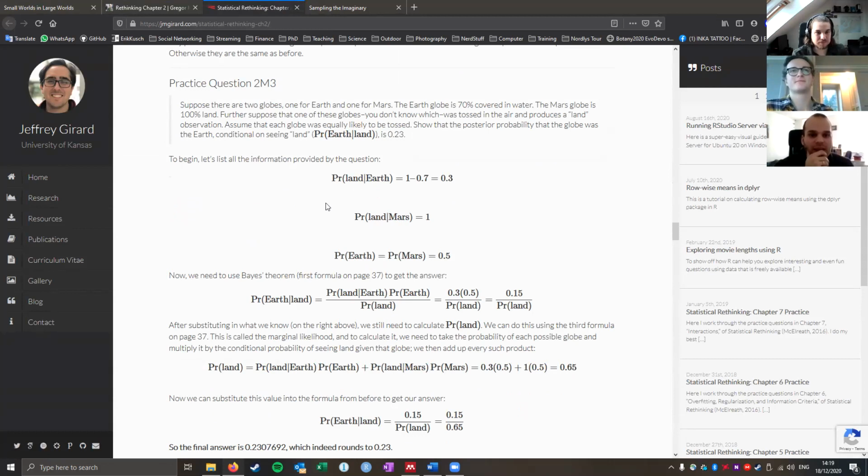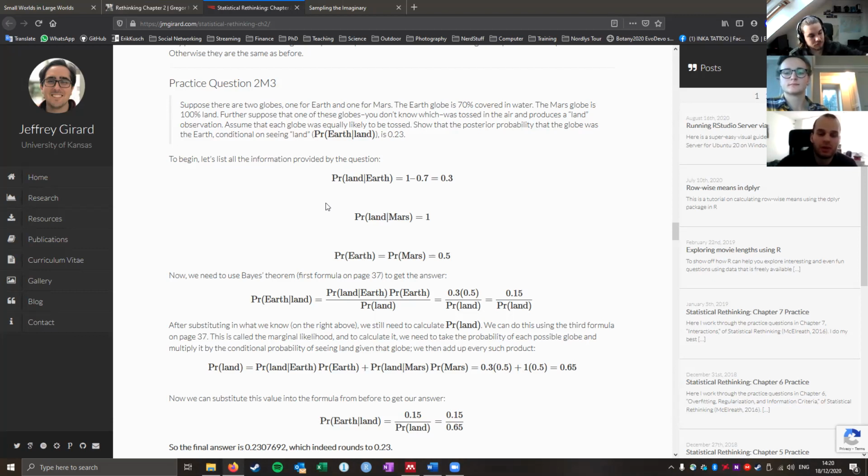Okay, so he defines the probability of land given that you're on Earth, which is just 1 minus 0.7, the water area. So everything that is not water should be land, so 30% or 0.3.